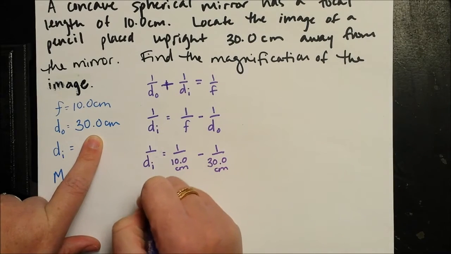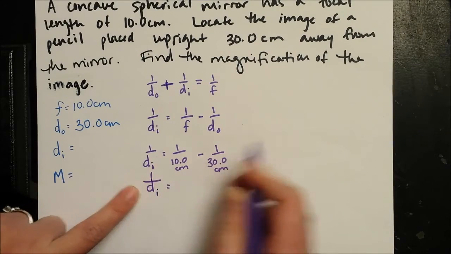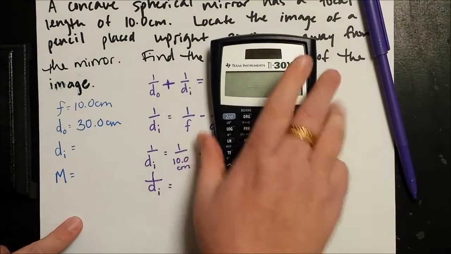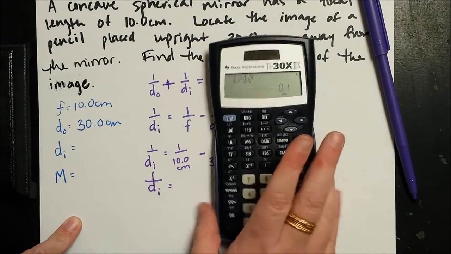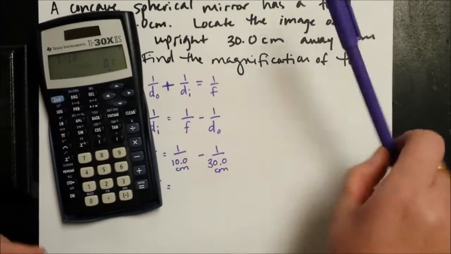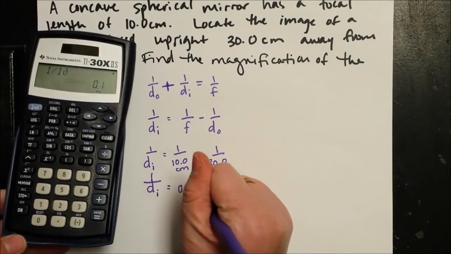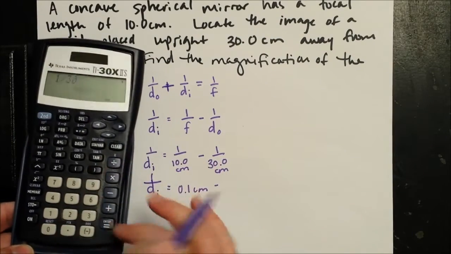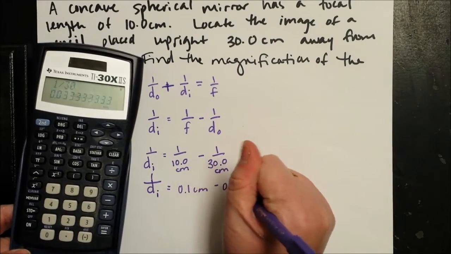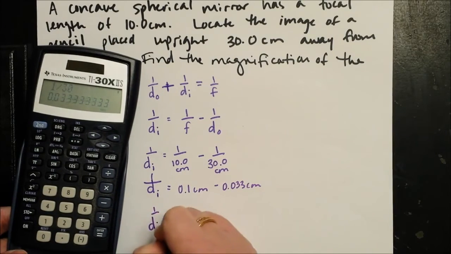So my 1 over my image distance is going to be 1 divided by 10. Hey look, it's just a tenth. That makes a lot of sense. So 0.1 per centimeter minus 1 divided by 30, so 0.033 per centimeter. So that's 1 over my image distance.